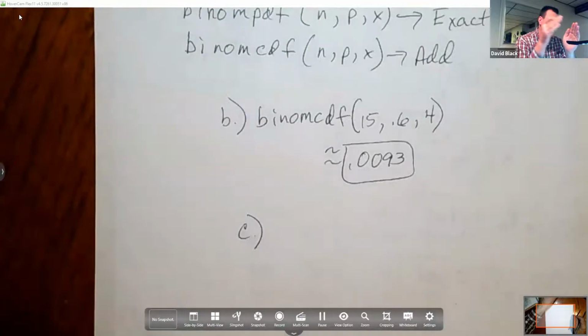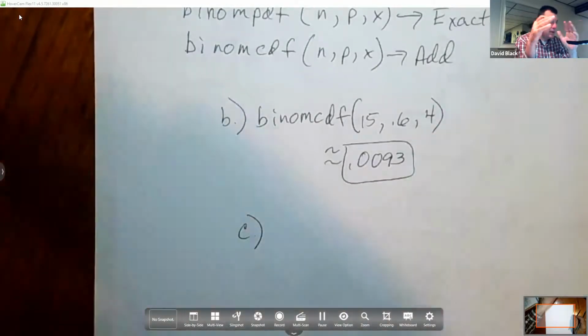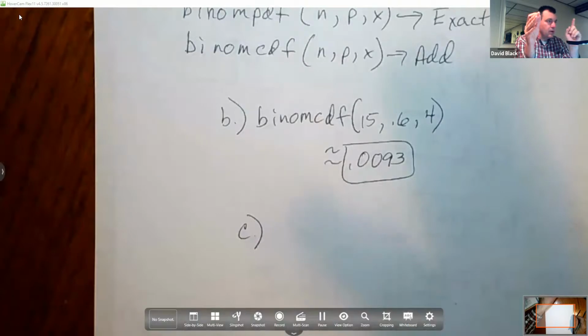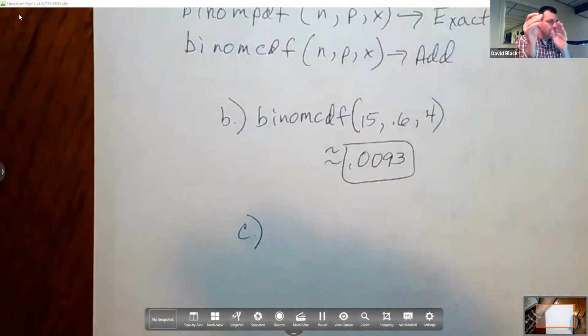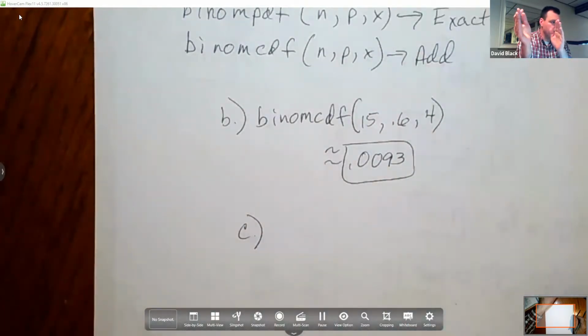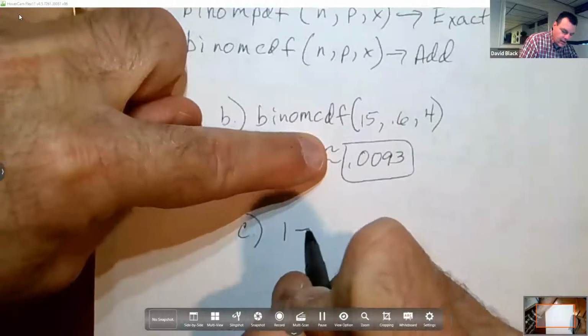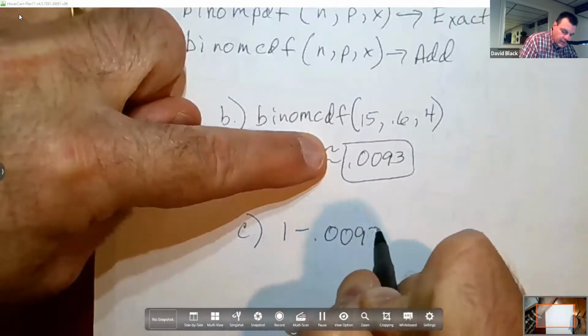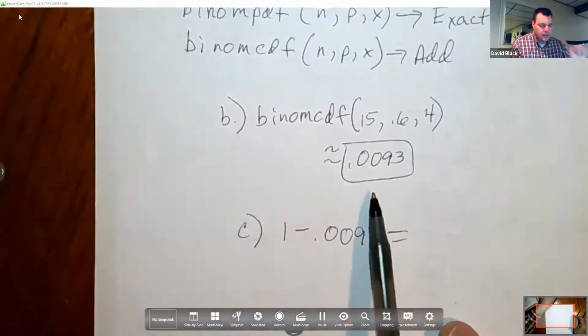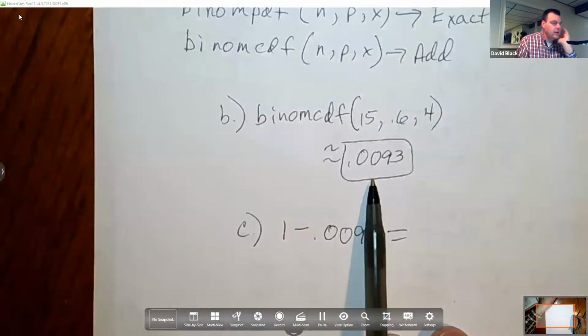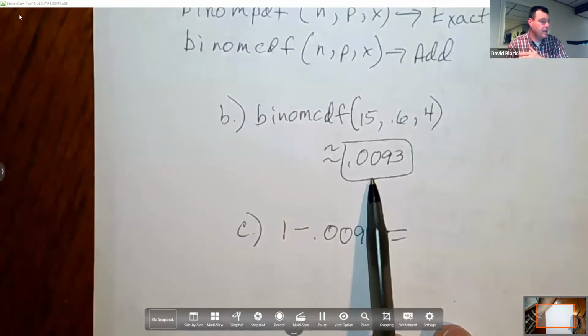So I could do that, but that'd be a lot of work, wouldn't it? I'd have to find the probability of each one of those individually and then add them up. Or wouldn't from 5 all the way up through 15 be the complement of 0 through 4? So I could just take 1 minus the answer that I got on the last problem. That would take out the possibilities of 0 through 4, leave me with 5 through 15.